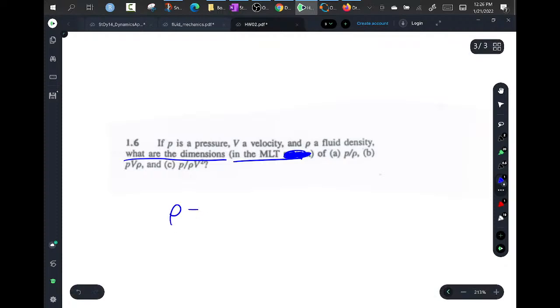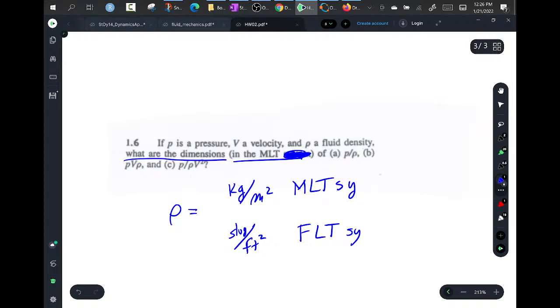The density in an MLT system is kilograms per meter cubed. That is an MLT system. An FLT system is slugs per feet cubed.